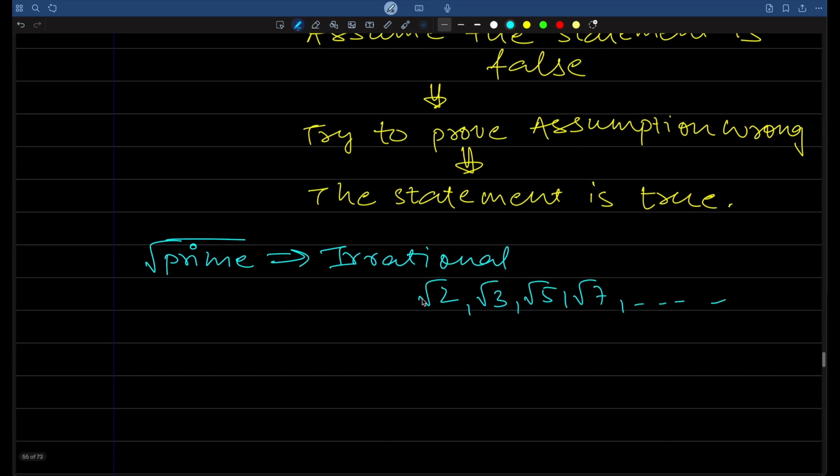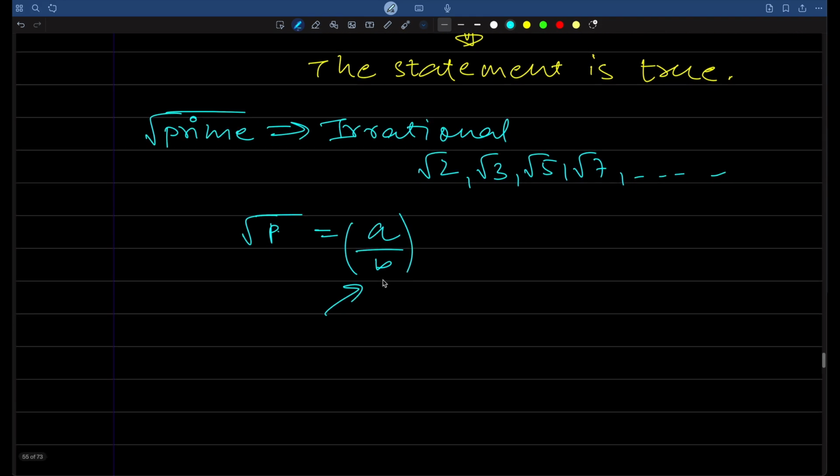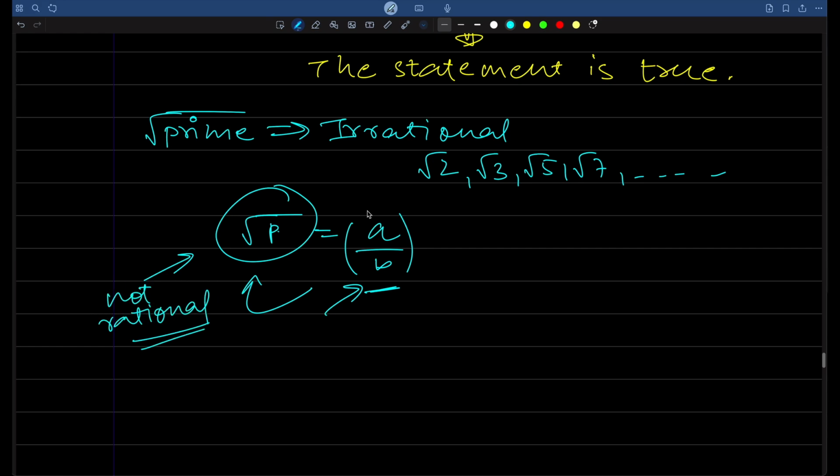So we will try to bring it to the form under root p, where p is a prime number, equals some rational number, say a by b, and then we will try to prove that this is a rational number, and we will conclude that this is not rational, and hence the assumption is wrong and the statement is true.